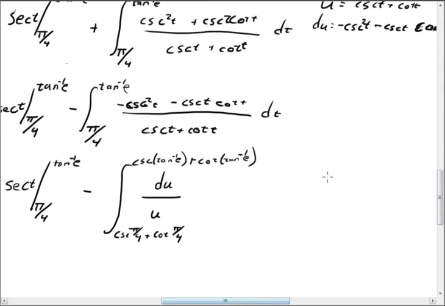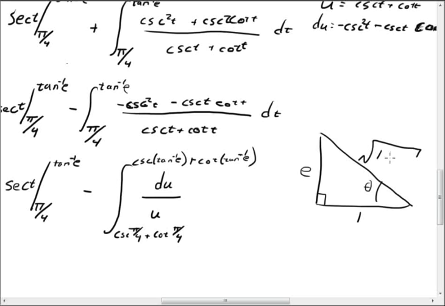So, we get to draw a right triangle here. Here's theta. We have tan inverse of e is the common thing that's all up here. So tan inverse of e is the rise over the run, and this is the square root of 1 plus e squared.